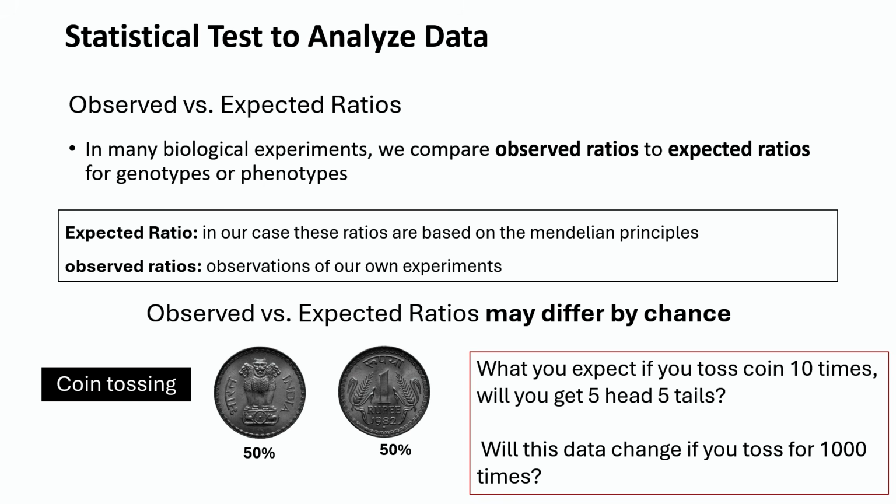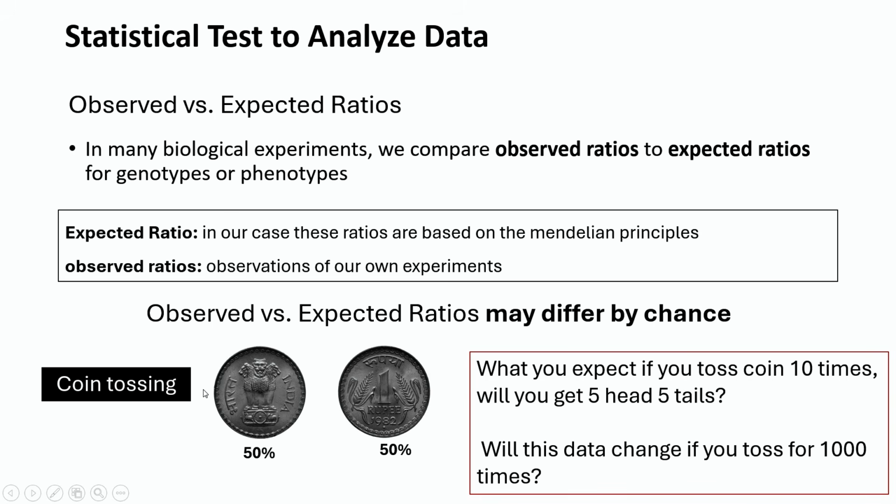If you toss a coin, you know that you have 50-50% chances of getting either head or tail. But if you toss a coin just 10 times, do you expect that 5 of the times you are going to get head and 5 of the times you are going to get tail? Probably not.